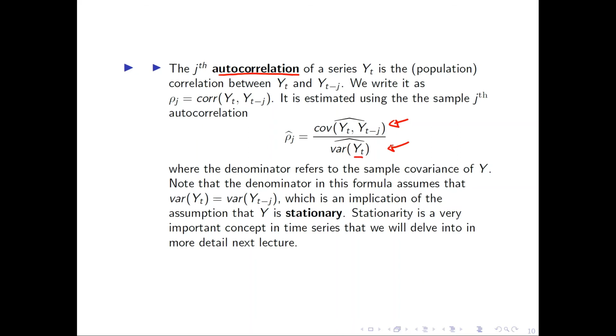And what this estimate of the sample autocorrelation relies on is that the variance of yt is equal to the variance of the lagged value. And because these are equal, we say that y as a process is stationary.